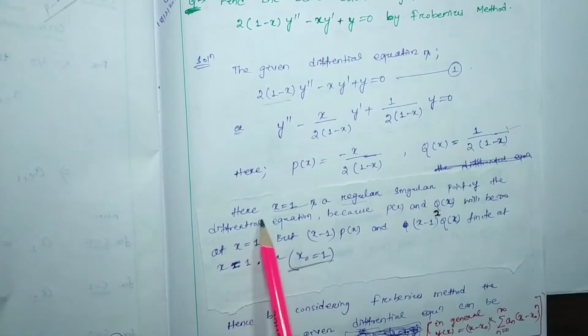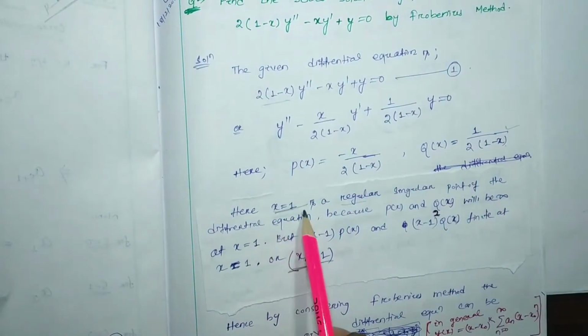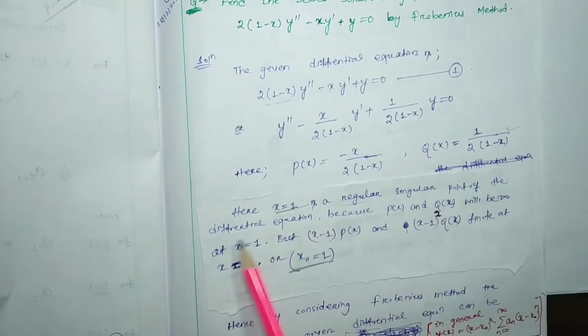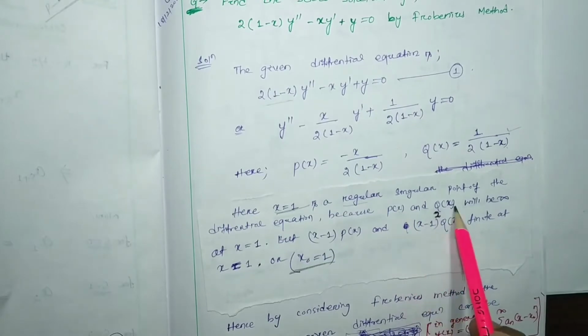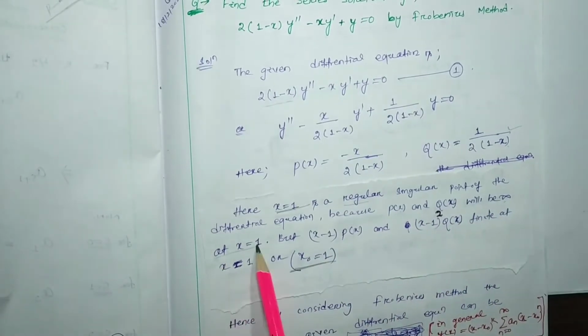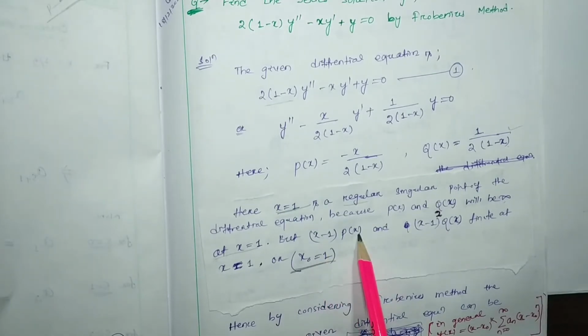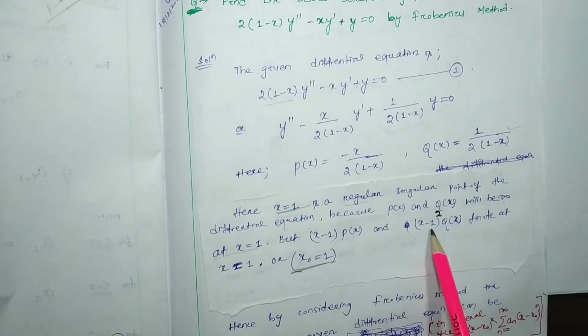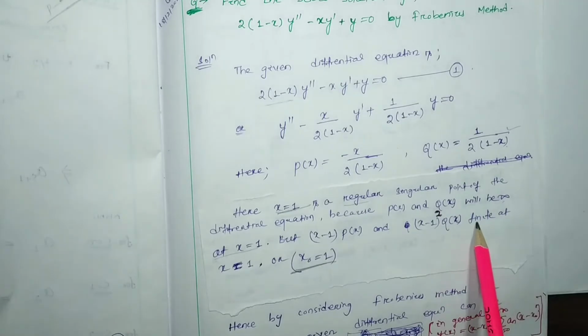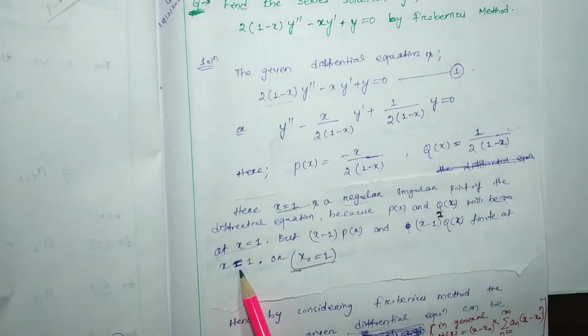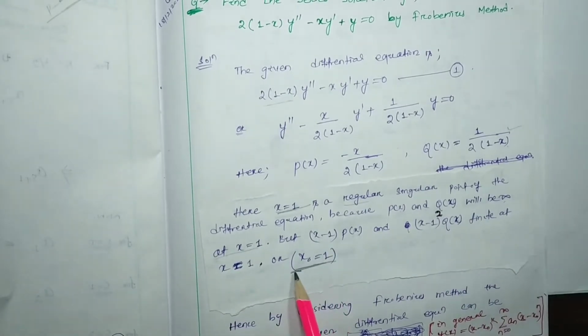Hence x equal to 1 is a regular singular point of the differential equation, because p(x) and q(x) are infinite at x equal to 1, but (x minus 1) p(x) and (x minus 1) square q(x) are finite at x equal to 1, or you can say x0 equal to 1.